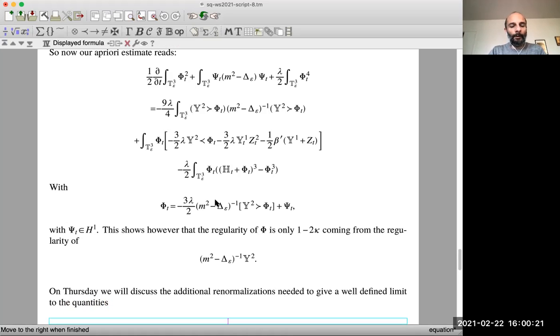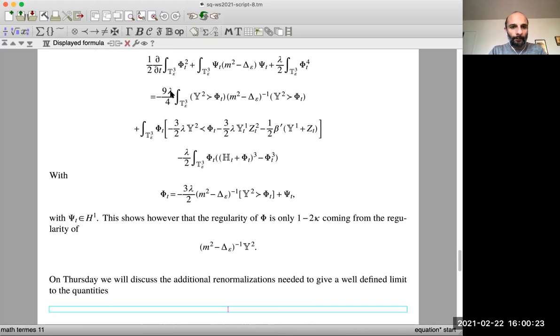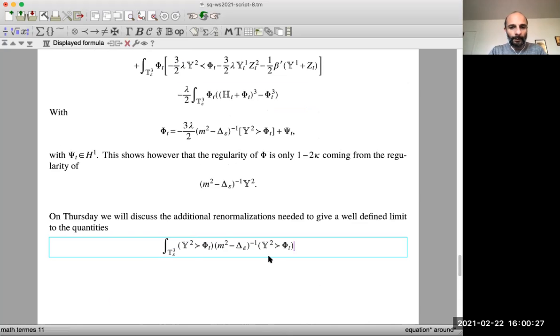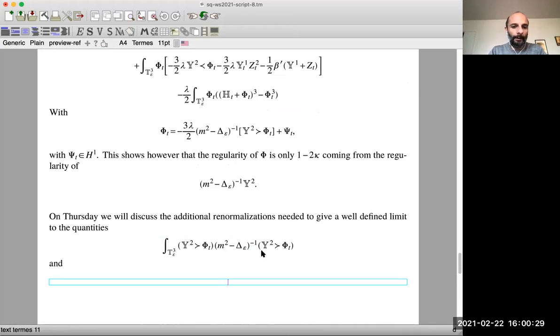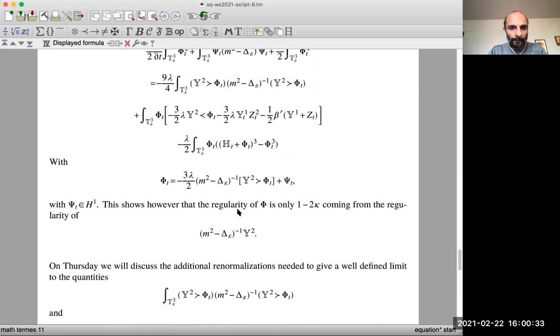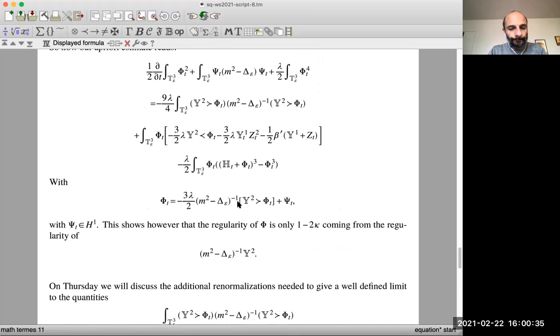So this requires a bit of time, but somehow the quantity which poses a problem is this one, because it does not have the regularity, and there is another quantity, and the other quantity somehow is hidden. Hidden where? It's hidden here.